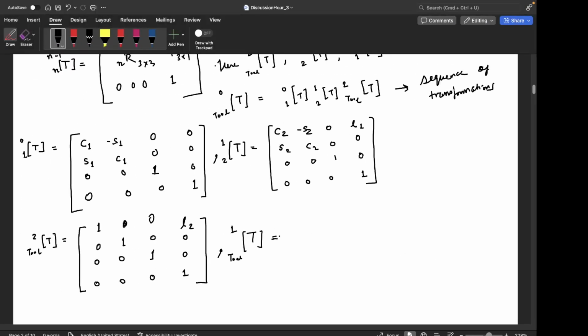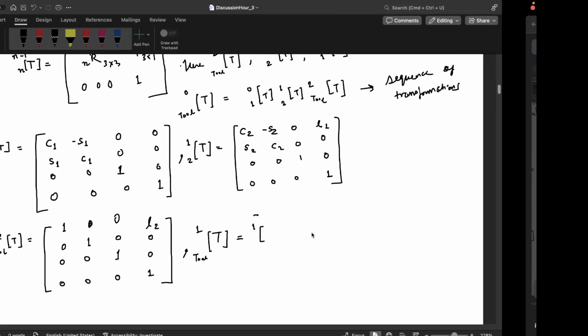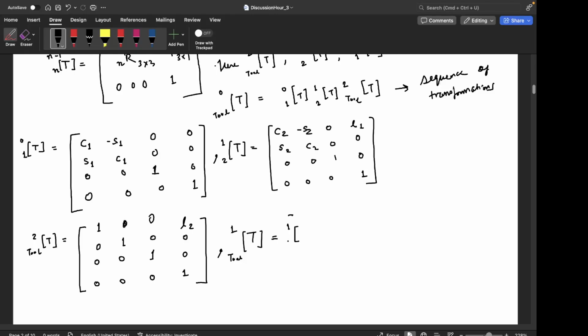So this is 1 to 2 T, and then 2 to tool T.